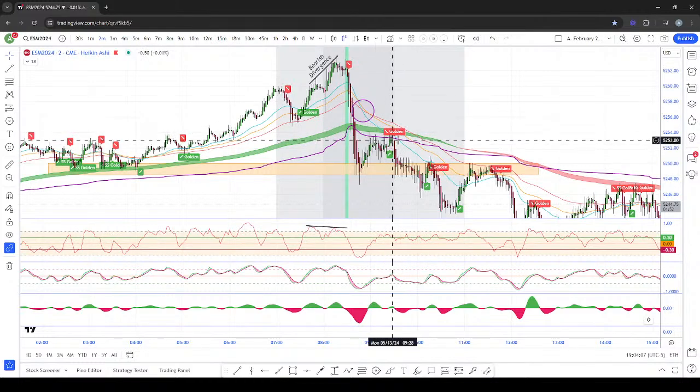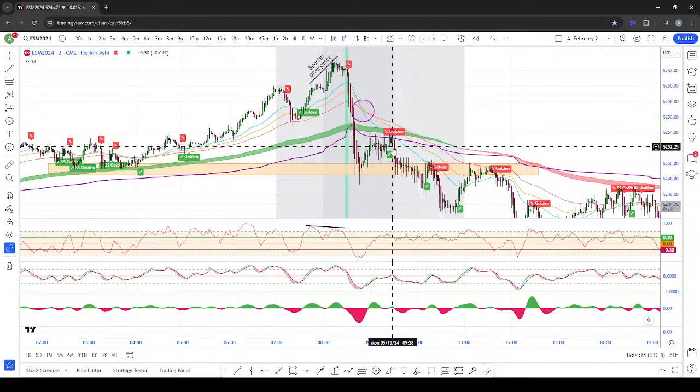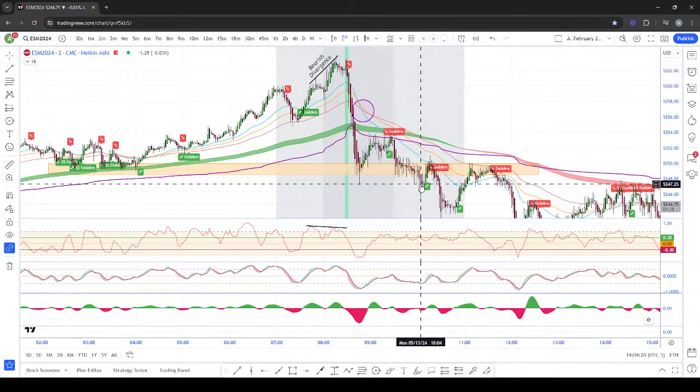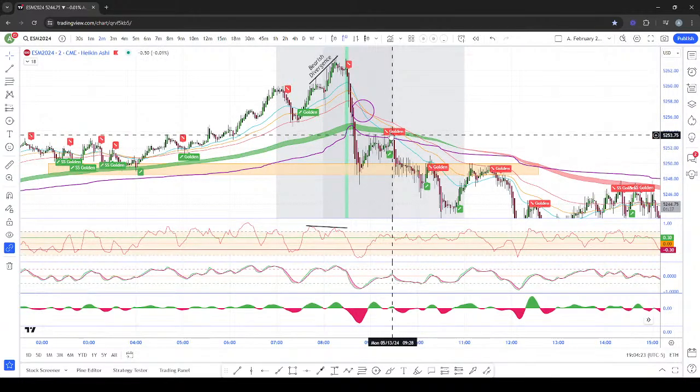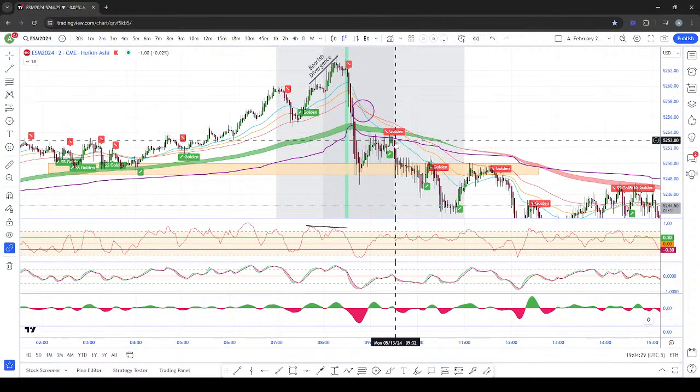But you could wait for a signal, or if you see a nice, in this case, a bearish candle going below this last swing, this little swing low right in here, you could take your entry and get some points that way.